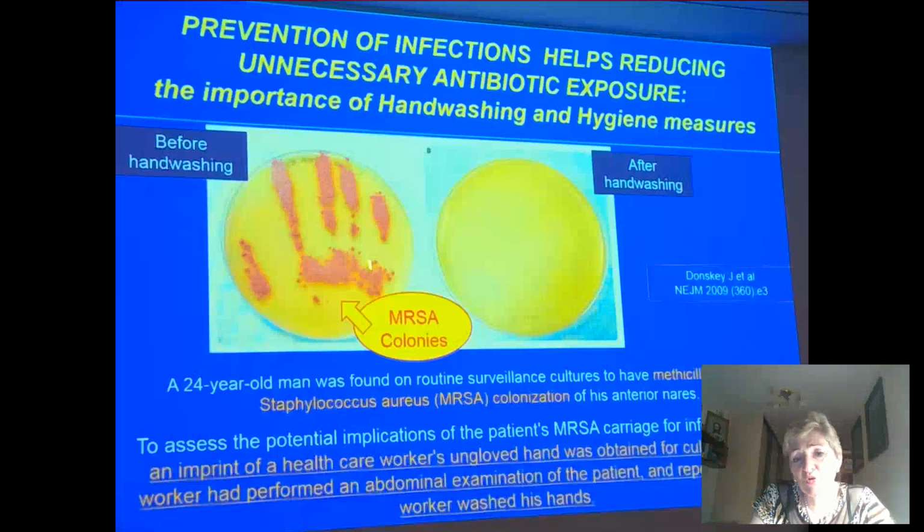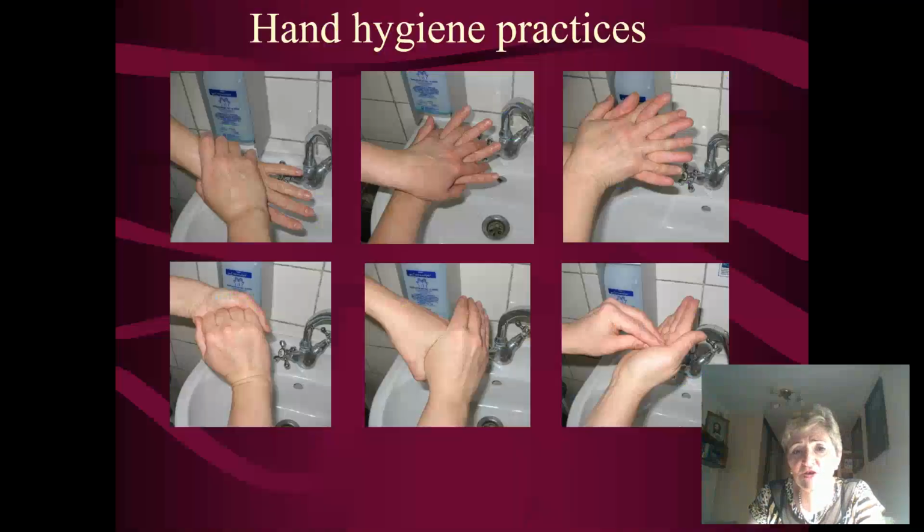I would like to show you in this slide one research that indicates different colonization of Staphylococcus aureus, methicillin-resistant Staphylococcus aureus, on hands before hand washing and after hand washing. It's very important for prevention of nosocomial infection.